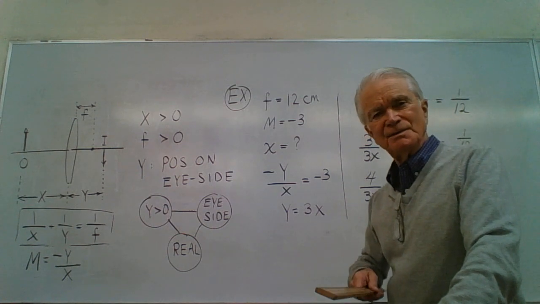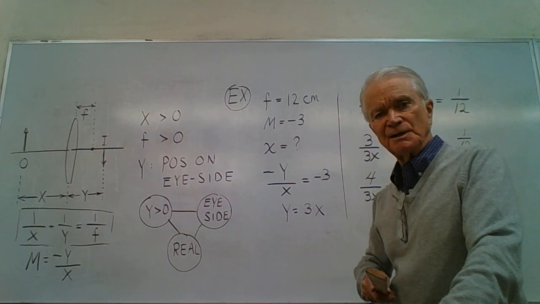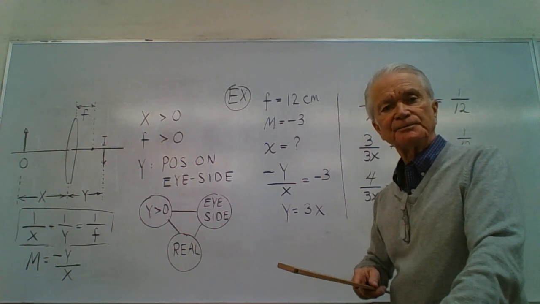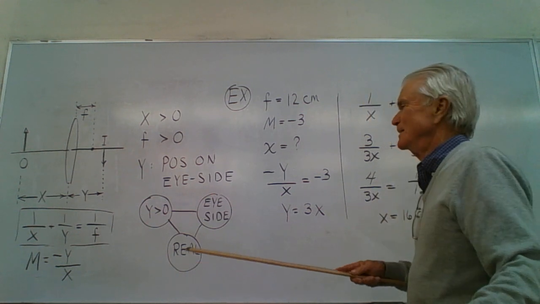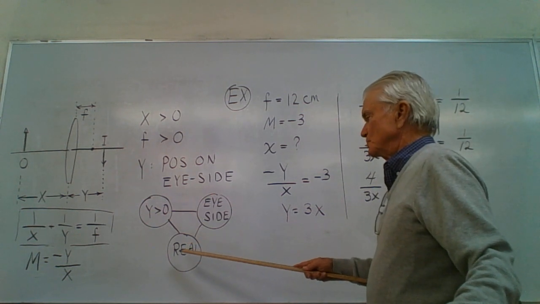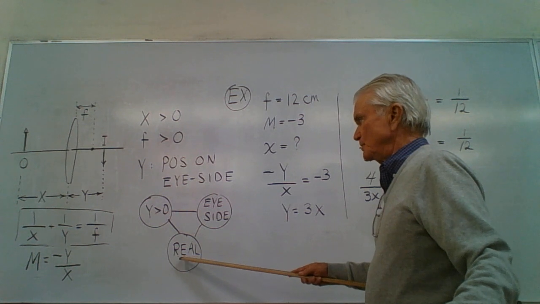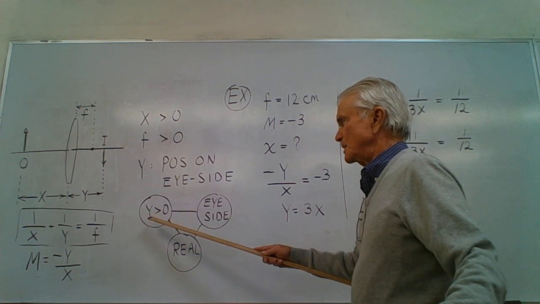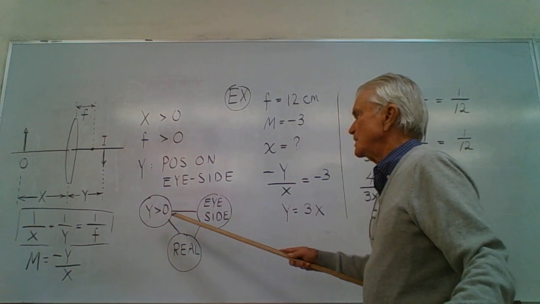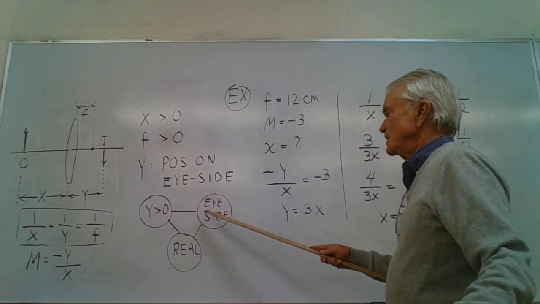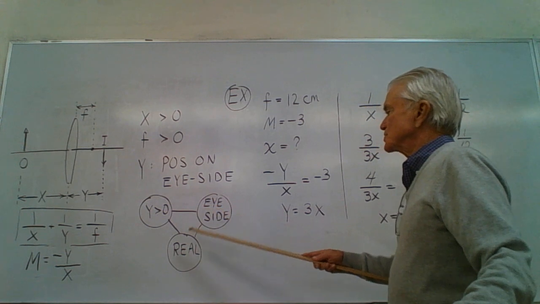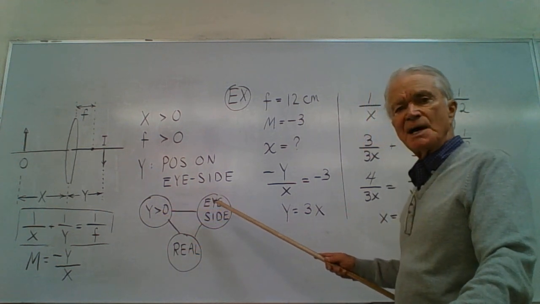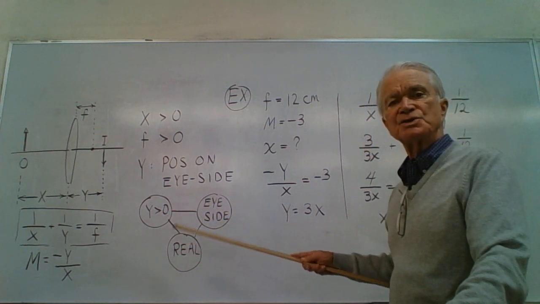There's another word that stands in place of not real that I'll mention when the time is right: virtual. And so we have the following: if the image is real, the value of the image distance is positive, and the image is on the I side. If any one of these statements is true, the other two are automatically true. If any one is false, the other two are false.